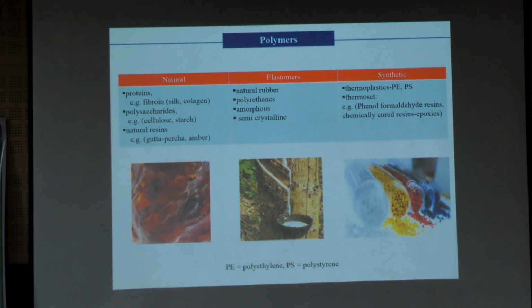Then we have natural rubber or amorphous or semi-crystalline materials. These are also called elastomers. And we have thermoplastics and thermosetting plastics like polyethylene or polystyrene. These are the artificial or synthetic polymers, right?